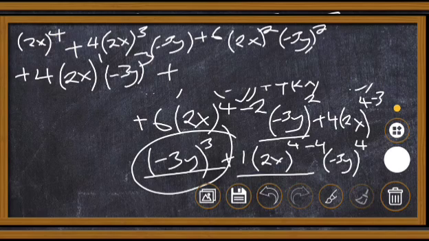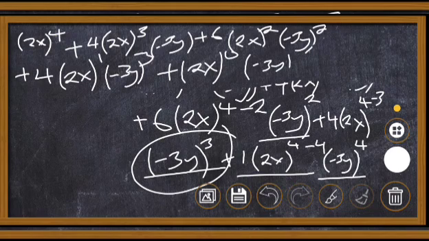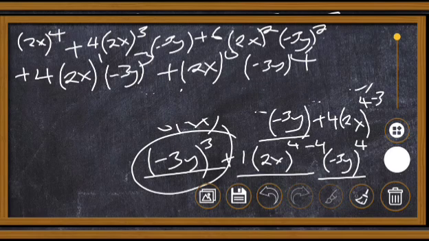Now 4 minus 4 is 0. Let me just write it. We have 2x, and then here we're going to have power 0, and then on b here we had this, which is negative 3y raised to power 4. So let me now wrap this, since it's not necessary this time.